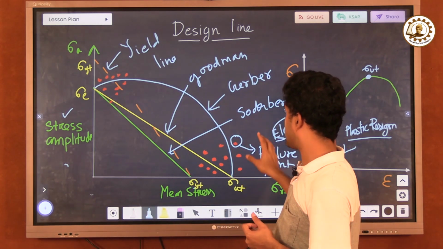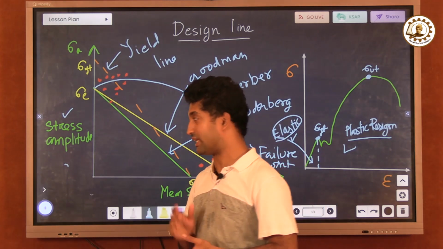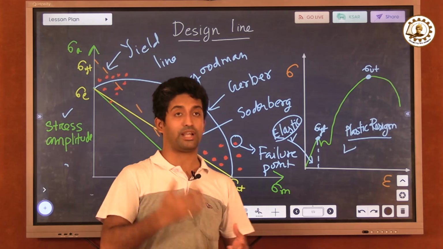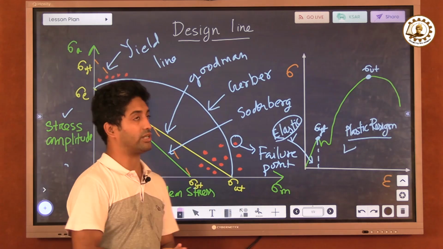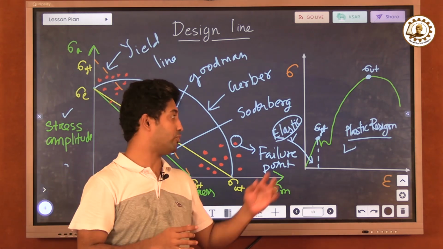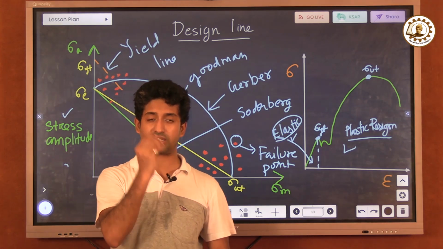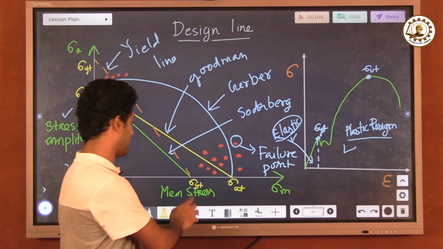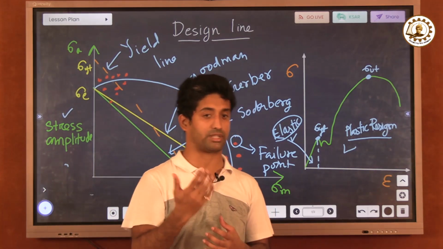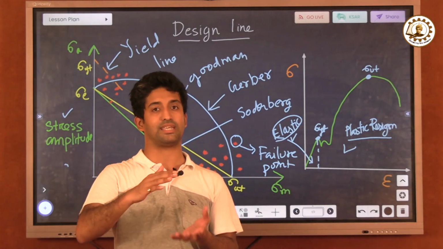Because the three scientists, Gerber, Goodman and Soderberg, came to an argument about which curve should be used by our engineers to solve daily life problems. So Soderberg said, okay fine, if you need to employ a curve, just employ a curve which can restrain maximum yield stress, that is sigma yt. But Goodman and Gerber have their own perception. They say that no, you cannot do that because the limit of stress is getting lower.